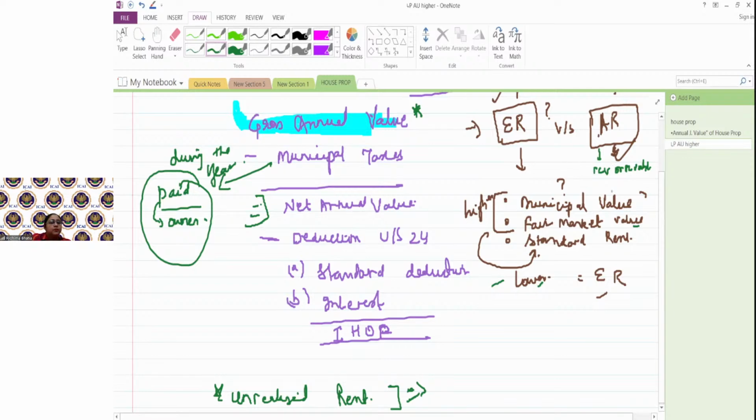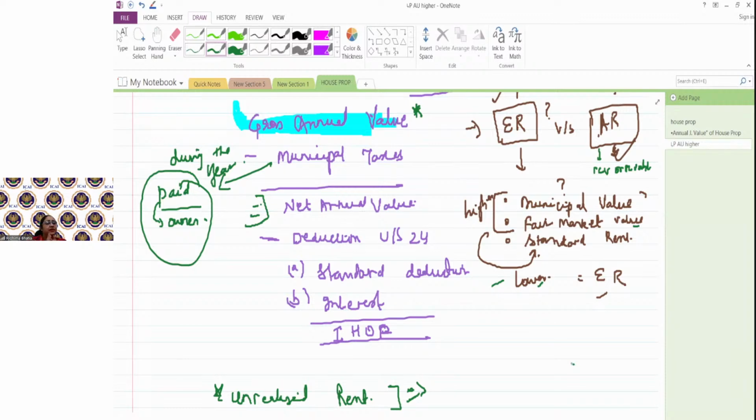So the difference between receivable and unrealized, having clarity on it, is extremely important. So unrealized rent would be a rent for that tenancy period where the tenant was living, but he vacated the property, he defaulted in the payment. I did give him notices, I did file a police complaint.